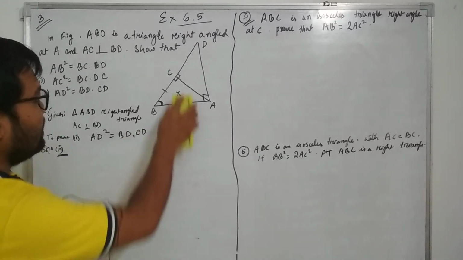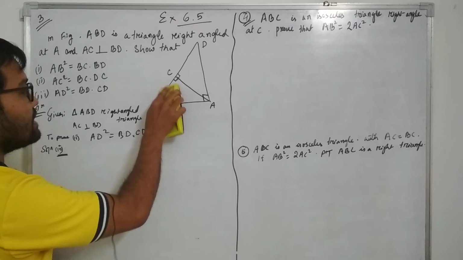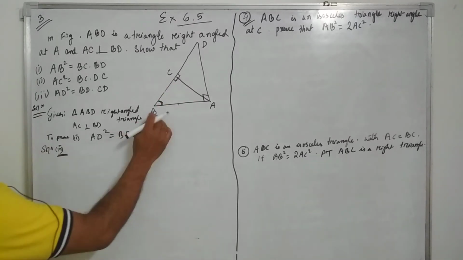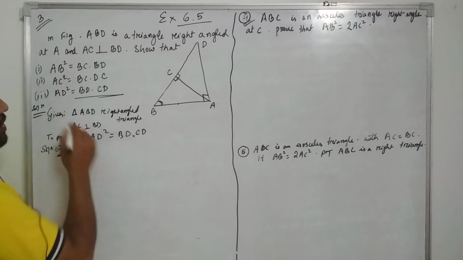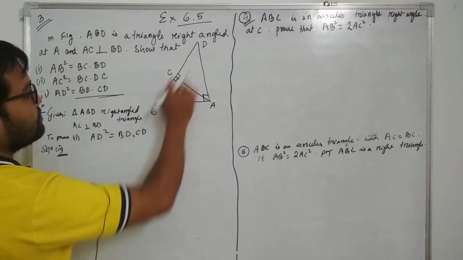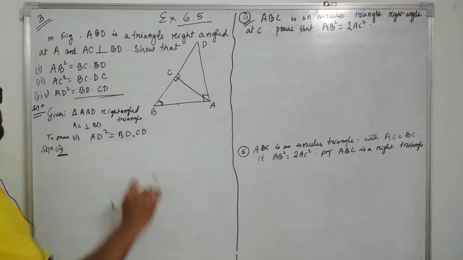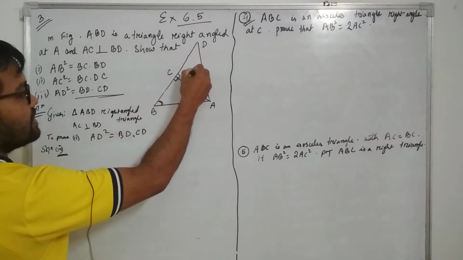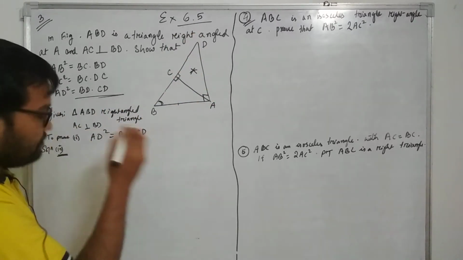Now what are the sides involved? AD square equal to BD into CD. BD, the larger one, we got it, and CD is the smaller one. That means this triangle and the larger triangle.